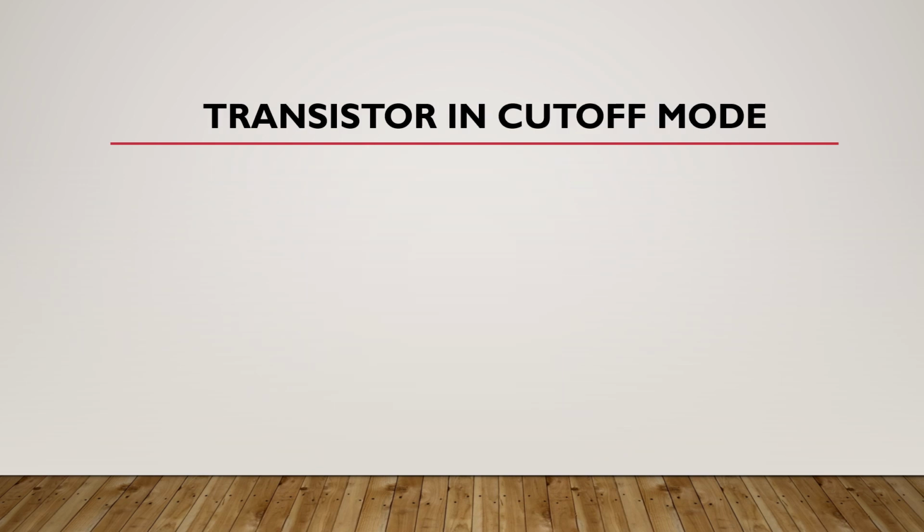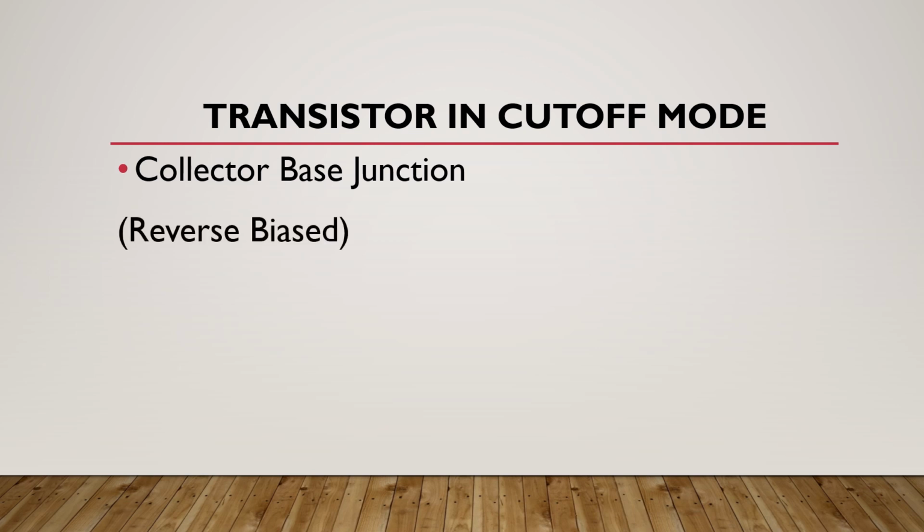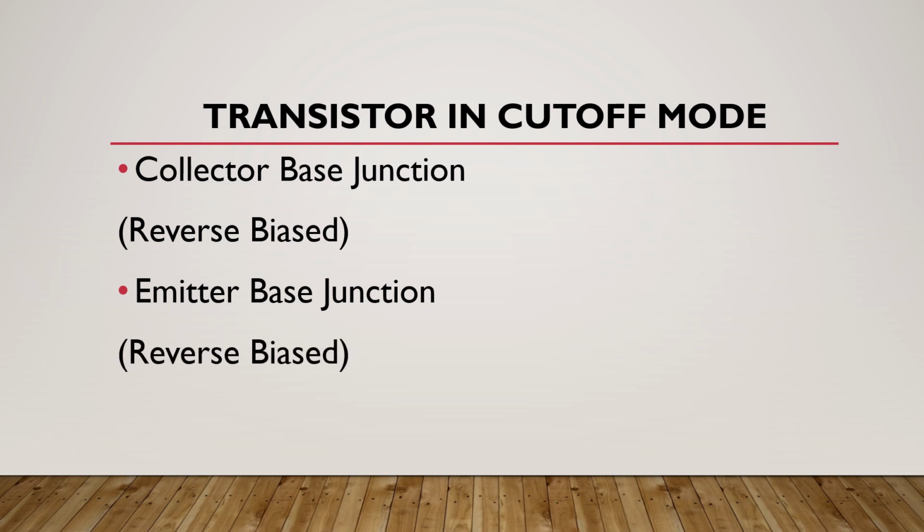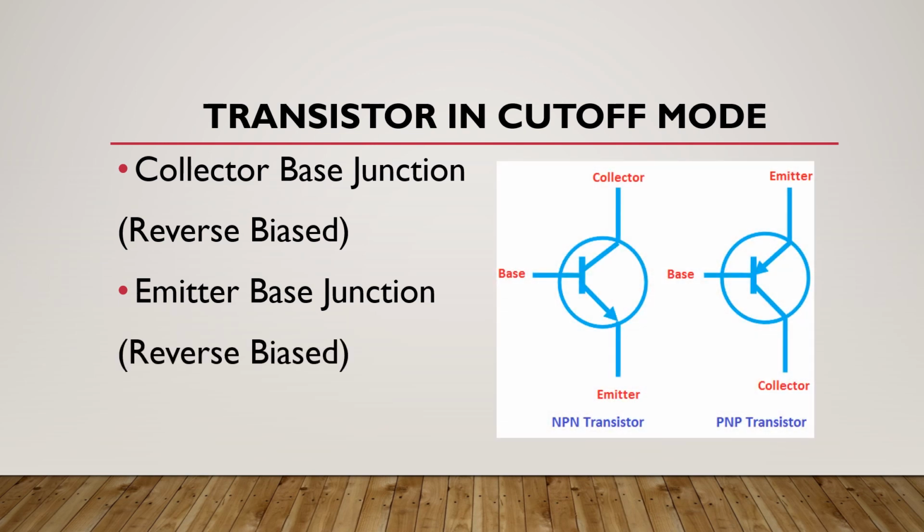Now we will understand the transistor in cutoff mode. In cutoff mode, the collector base junction is reverse biased and the emitter base junction is also reverse biased. Now look at this. It means here in this NPN transistor, this collector base junction is reverse biased and this emitter base junction is also reverse biased.